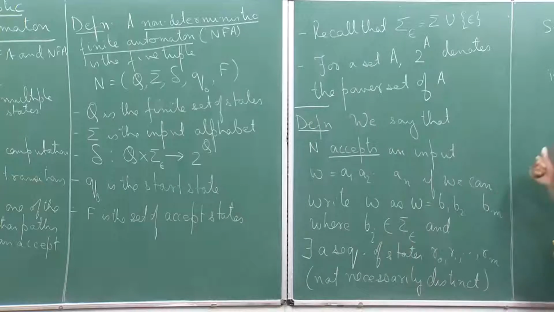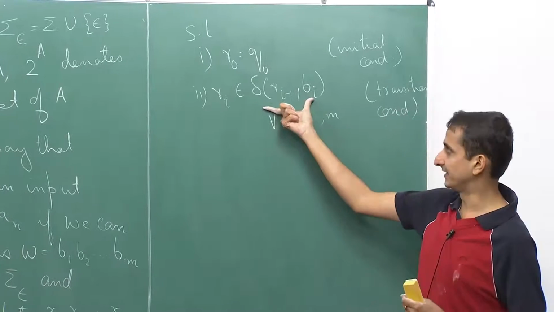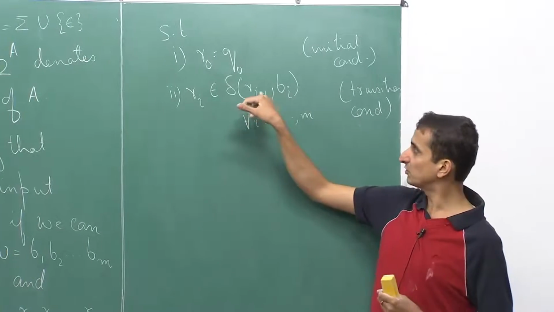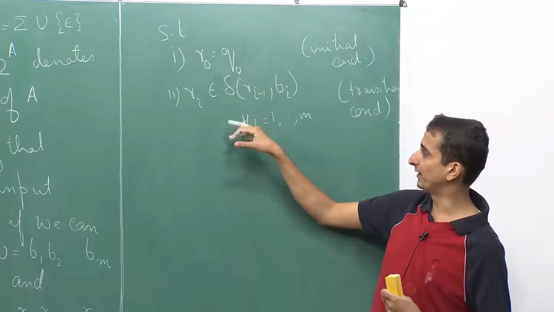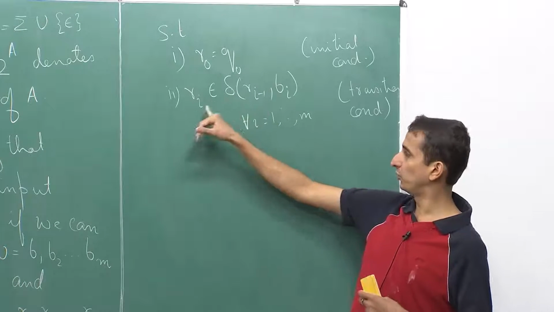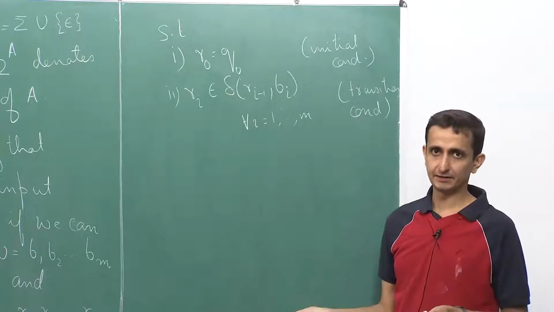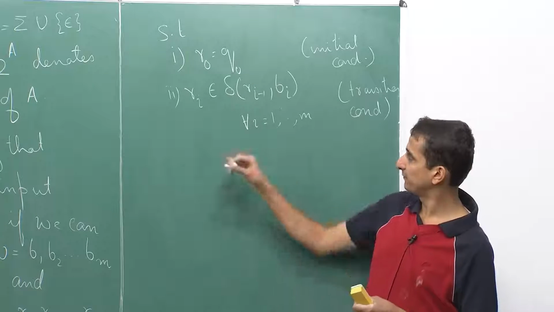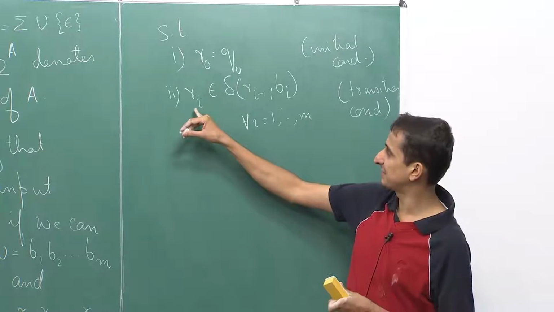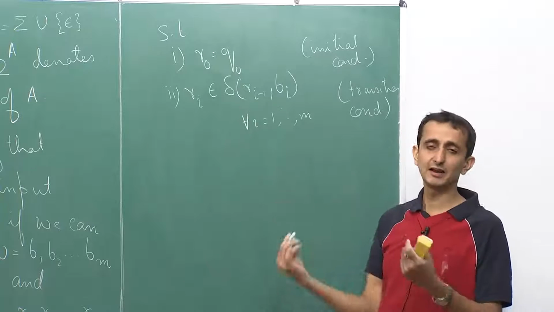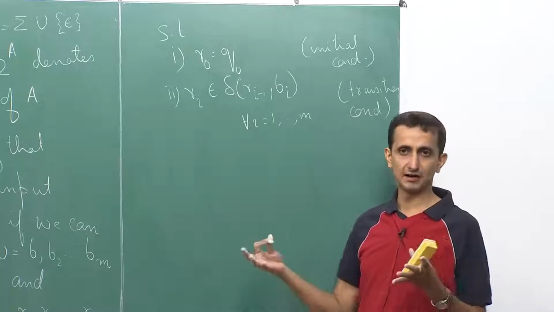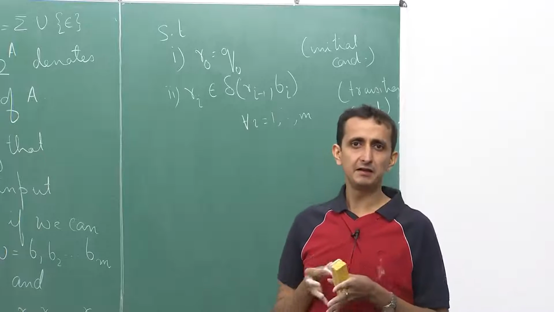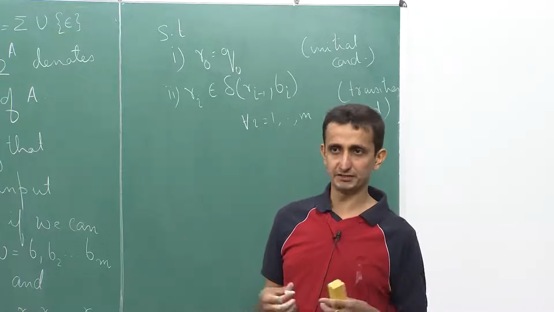So if Ri belongs to this set, then we say that the automaton goes from Ri minus 1 to Ri in the next step. And the second point is, Ri is basically just some element. There may be other elements in this set which are not Ri, which just means that it is a different computation path.